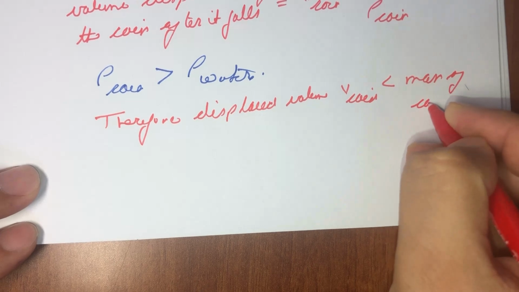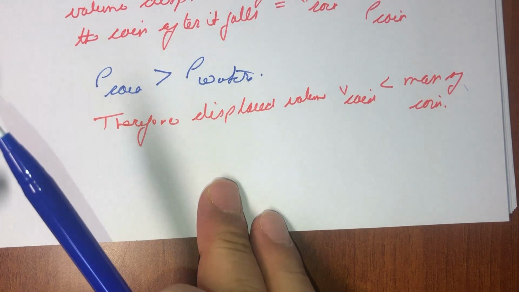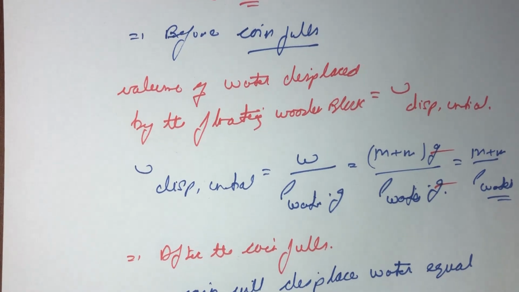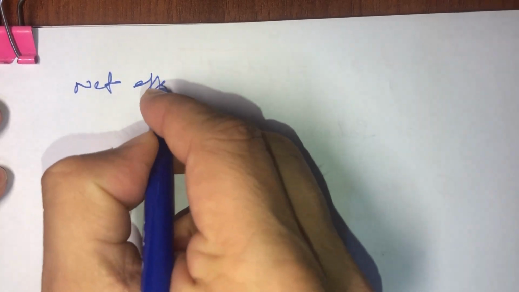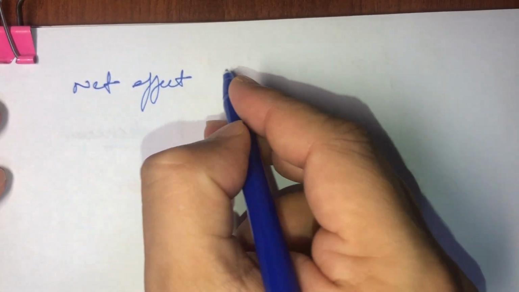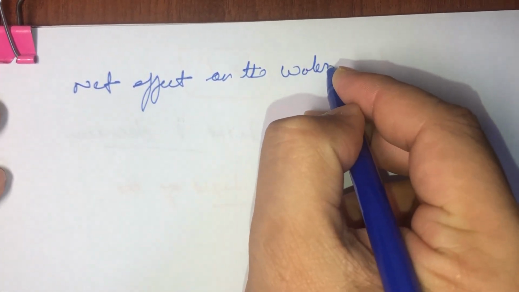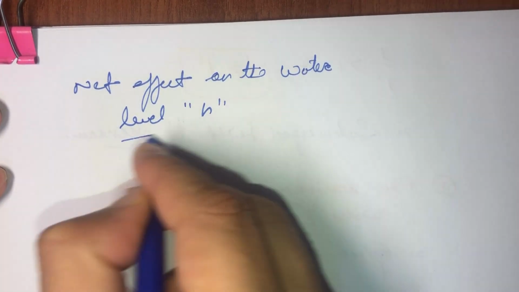Now, based on this analysis, let us try to find out what will be the net effect on the water level, that is given as small h.